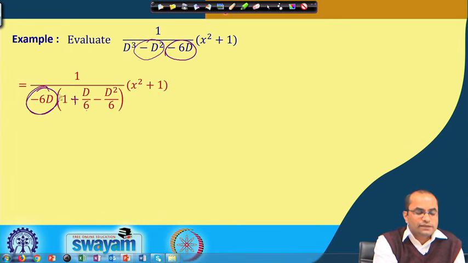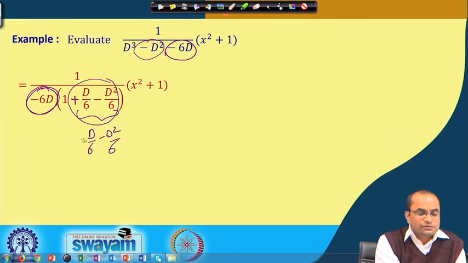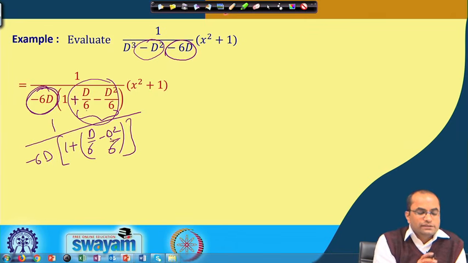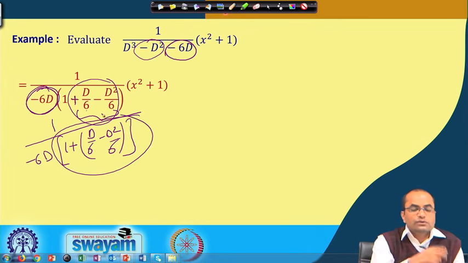Taking this minus 6D out, we are getting 1 plus D by 6 minus D square by 6. So in this denominator we get minus 6D times 1 plus D by 6 minus D square by 6, and we can take this to the numerator.